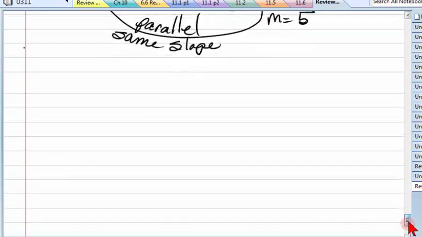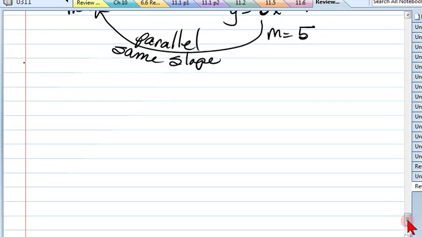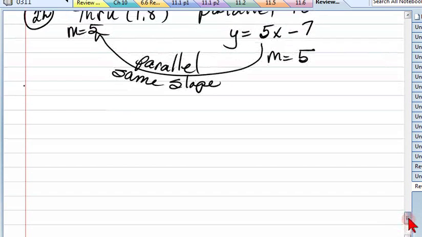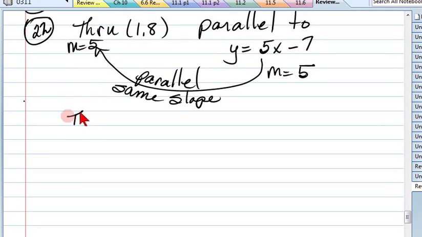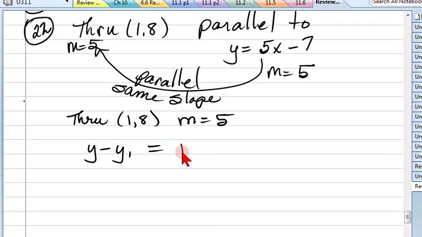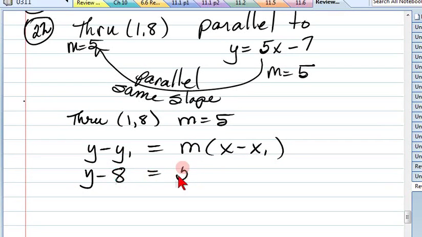So now, I have an equation that goes through (1, 8) with a slope of 5, point slope. Y minus y1 is equal to m times x minus x1. That's y minus 8 is equal to 5 times x minus 1.